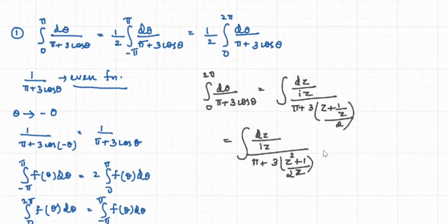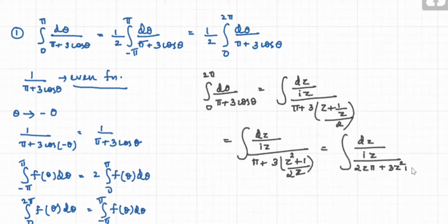Now again this is same as integral dz by iz by 2z pi plus 3z square plus 3 the whole divided by 2z. So z and z will cancel.